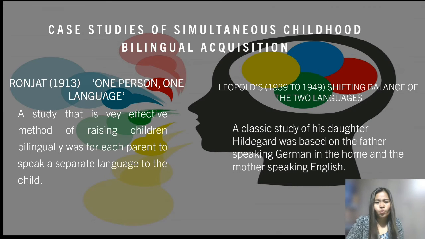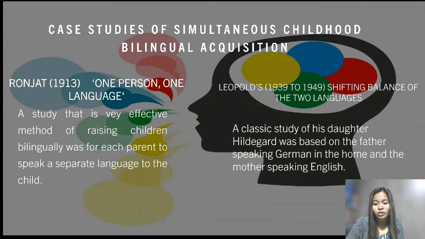When Hildegard went to Germany, her German language became stronger. And when back in the United States and attending school, Hildegard's English became the dominant language. So many bilingual situations are changeable, where at an individual level, the language shifts in dominance. Hildegard, for example, was reluctant to speak German during her mid-teens, with German becoming the weaker language.